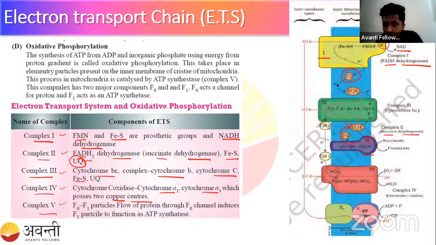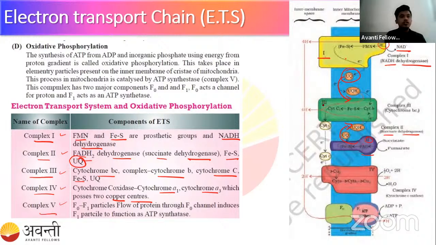carries the electrons from complex 1 and complex 2 and goes and gives them to our complex 3. Now, giving the electrons to complex 3 does not happen very easily. Why? Because once it has accepted these electrons, there has to be some chemical conversion of the ubiquinone. Ubiquinone is converted into ubiquinol.